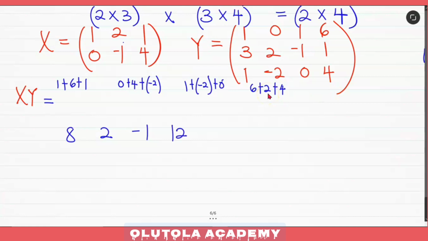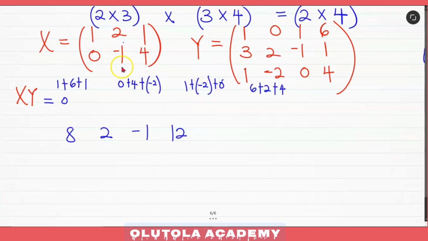So we are almost there. Then we now go for the second row. This second row multiplies each of these columns here, each of them. So let's multiply. We have 0 times 1. 0 times 1 will give us 0.